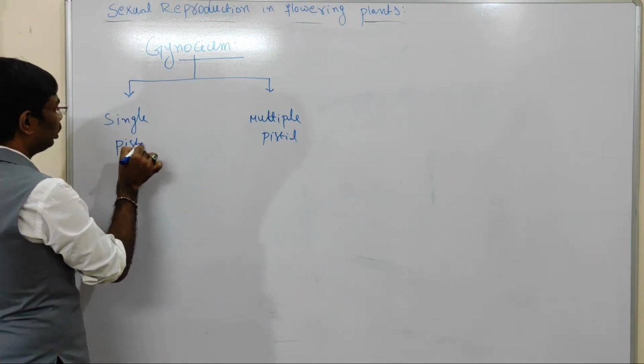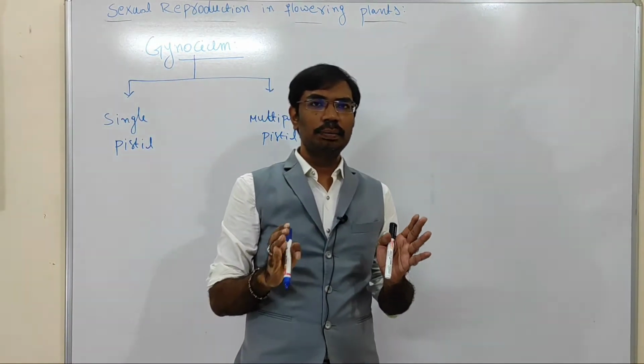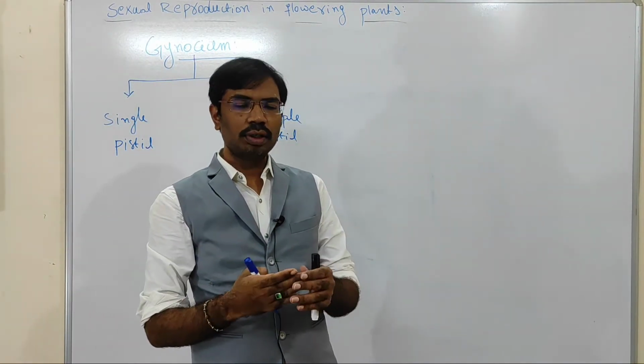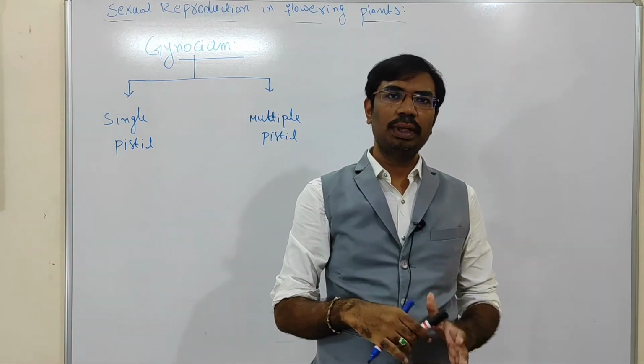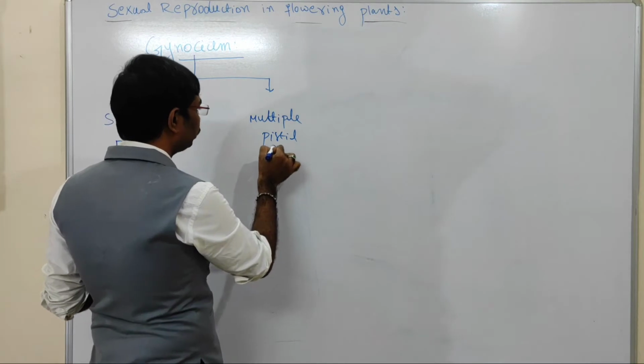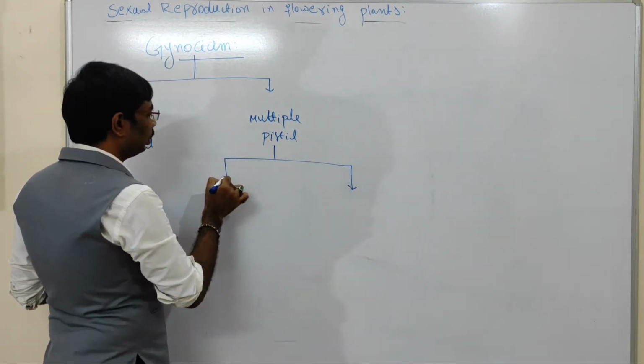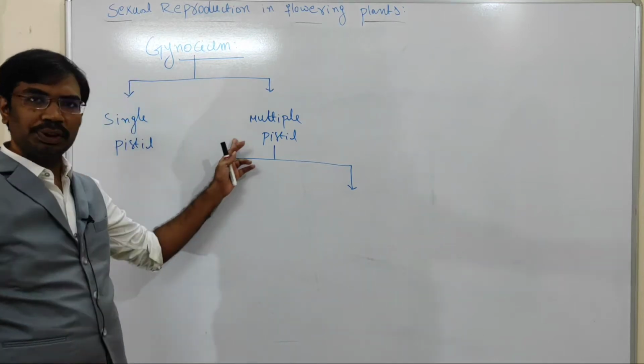Based on this, it is classified into two types: a single pistil, called monopistillate plants, or multiple pistils. Again, the multiple pistils condition is classified into different types.